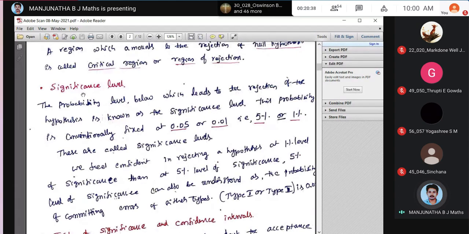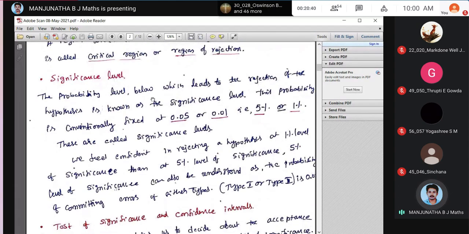What is the significance level? The probability level below which leads to the rejection of the hypothesis is known as the significance level. This probability is conventionally fixed at 0.05 or 0.01. 0.05 means that is 5% level, or 1%.